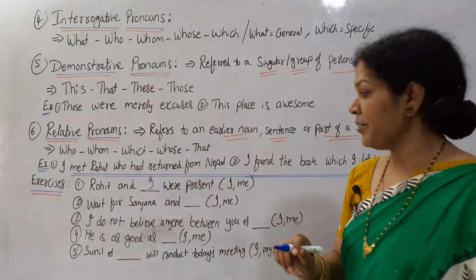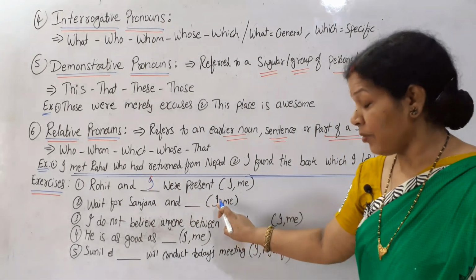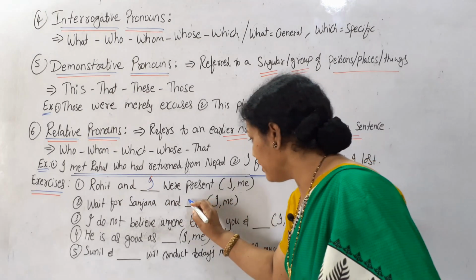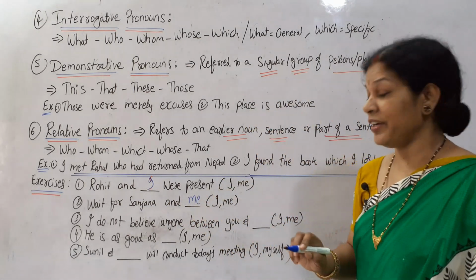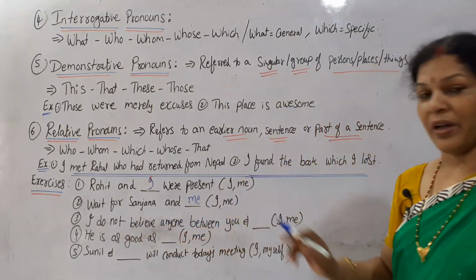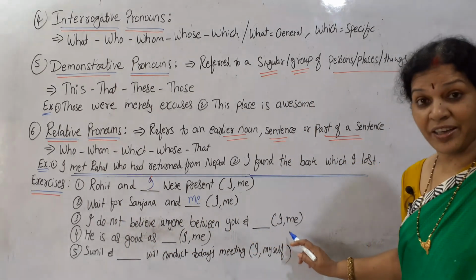It's visible, I think. Next: wait for Sanjana and, what do you say, I or me? Wait for Sanjana and me, not I. Okay. In the same way: I do not believe anyone, between you and, what do you take, I or me?